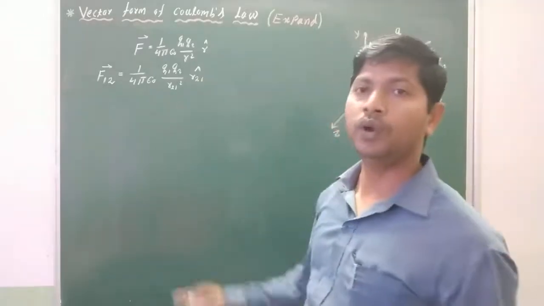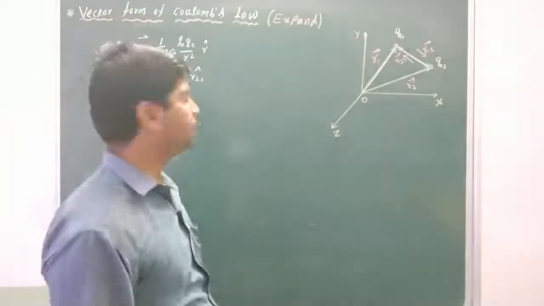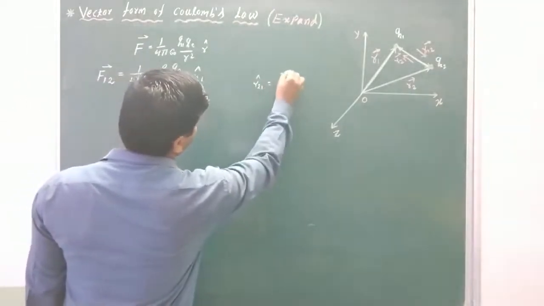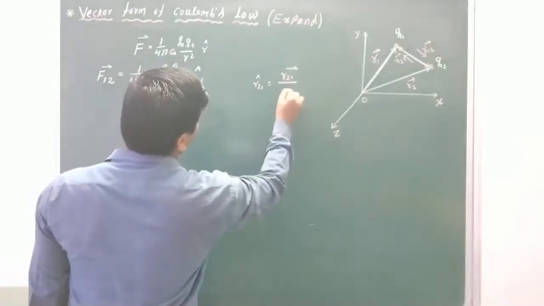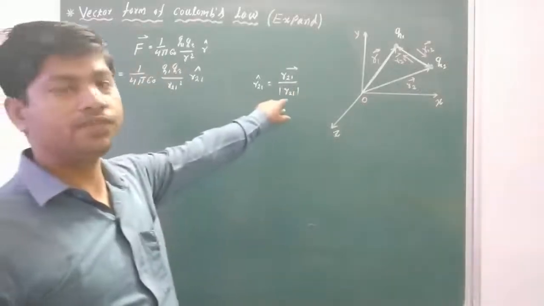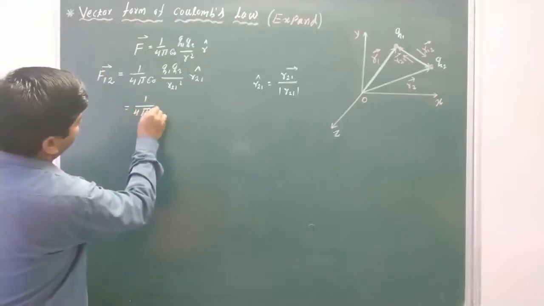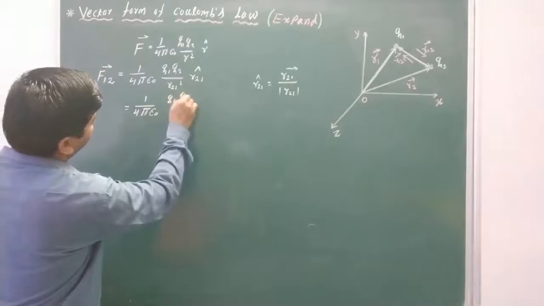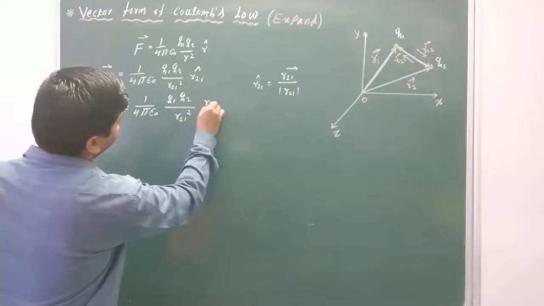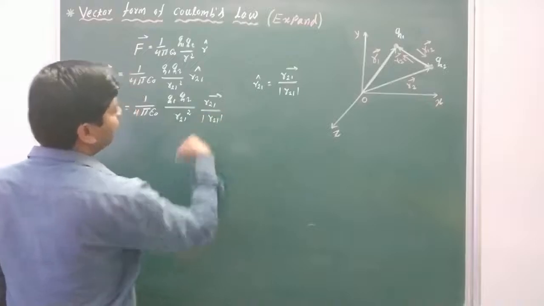Now I think all of you know what the r cap is. R cap is the unit vector, so R21 cap can be written as R21 vector by R21 mod. If I put this value here, I can write 1 by 4 pi epsilon naught Q1 Q2 by R21 square into R21 vector by R21 mod.